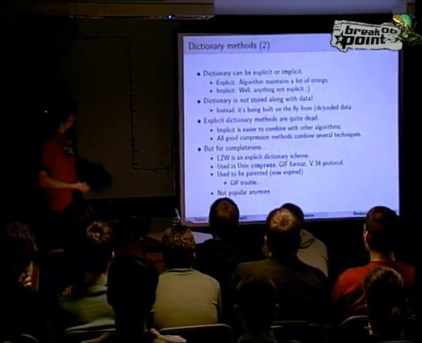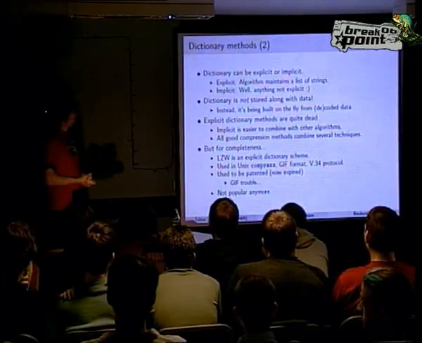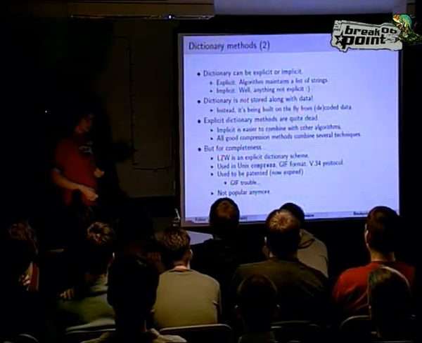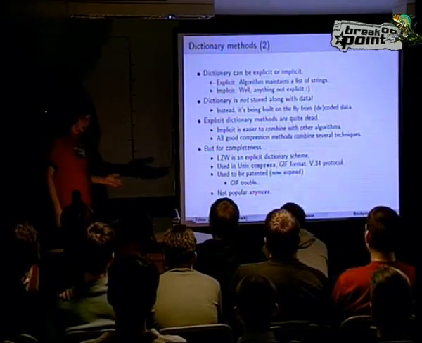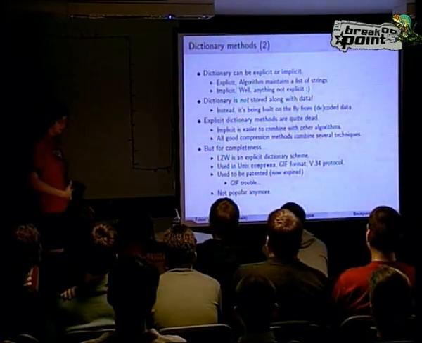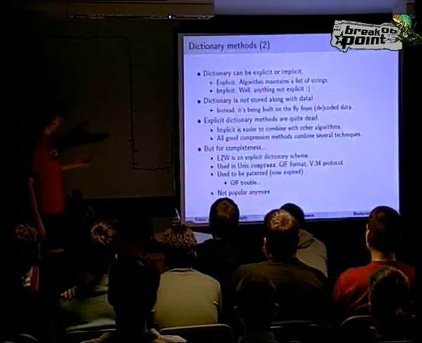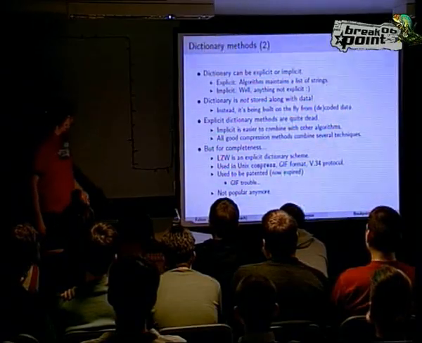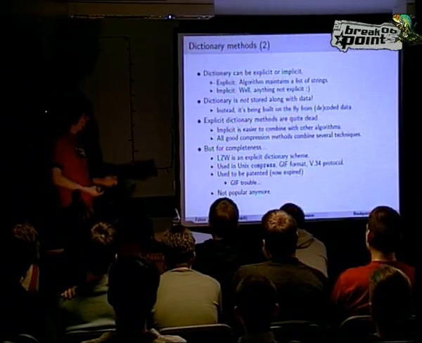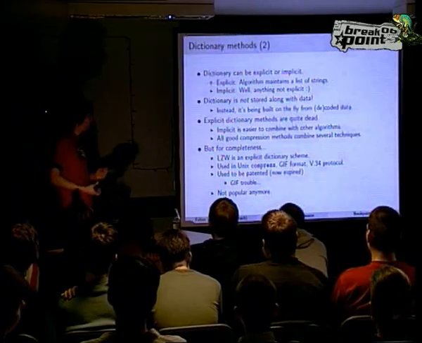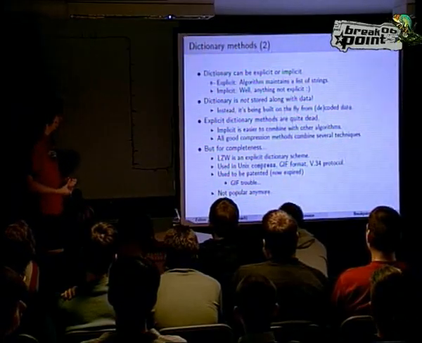But for completeness on explicit dictionary methods, for example, LZW, Lempel-Ziv-Welch, is an explicit dictionary scheme, which is used in, for example, the Unix compress tool, which no one uses anymore, the CompuServe GIF file format, and the modem V.34 protocol, and so on.